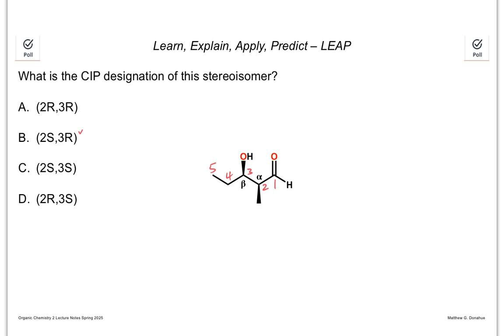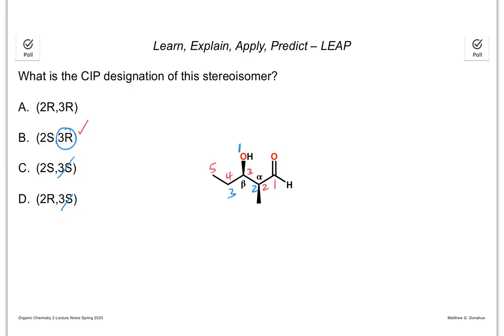So we have, let's see. I like to do the thing with the attached heteroatom first because it's easiest. So I'm going to do carbon 3 first. So this would be, I'll use a different color here. So that's priority 1, 2, and 3. So that definitely has to be R. So 3S is out.